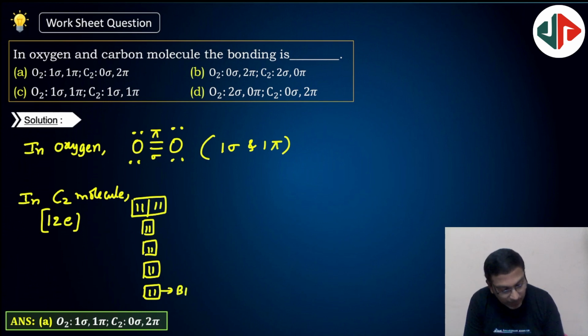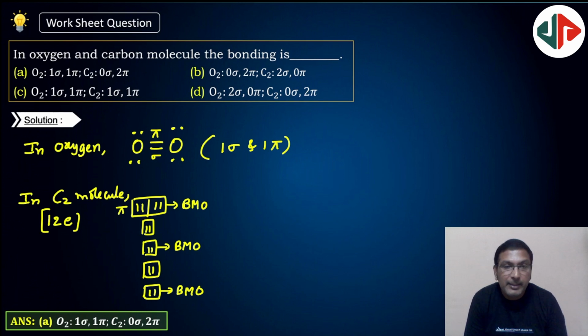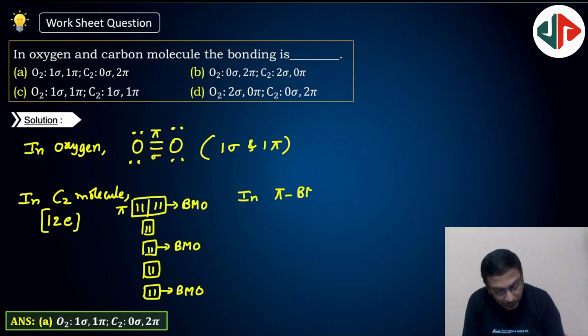So this is bonding molecular orbital and antibonding molecular orbital. So this is pi. So in pi bonding molecular orbital, the number of electrons equal to 4.